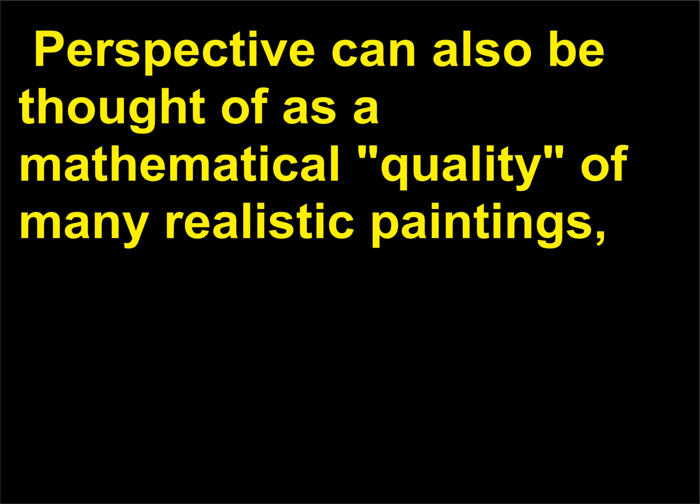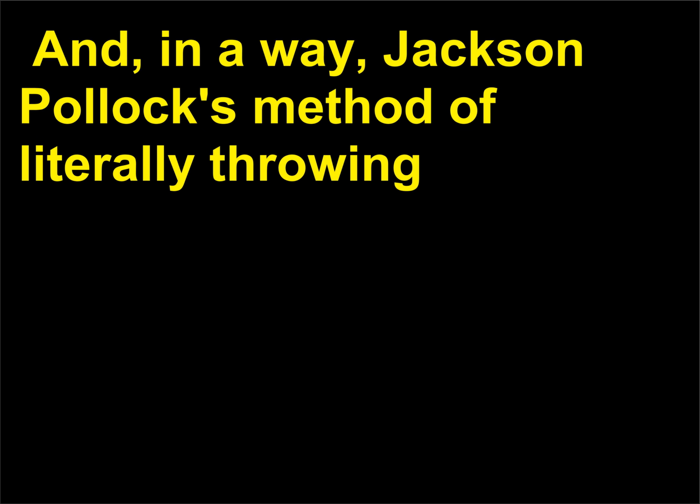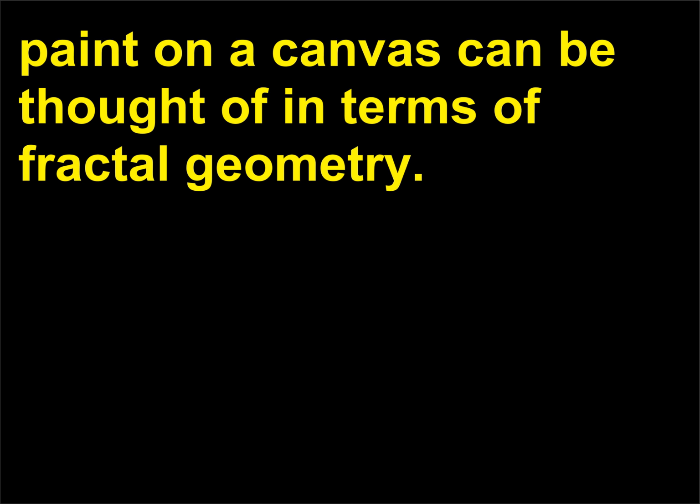Perspective can also be thought of as a mathematical quality of many realistic paintings, allowing the viewer to see reality, in the case of a painting, in 2 dimensions. And, in a way, Jackson Pollock's method of literally throwing paint on a canvas can be thought of in terms of fractal geometry.